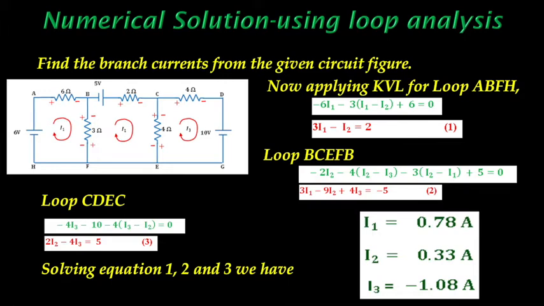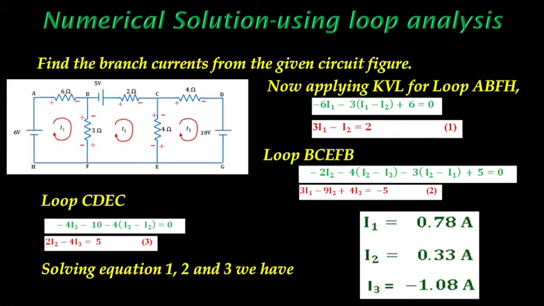Now the resultant current through loop 1 is I1 minus I2 in the direction of I1. So here we consider loop 1, loop 2 and loop 3. That means for loop 1 the current is I1, for loop 2 the current is I2, and for loop 3 the current is I3.